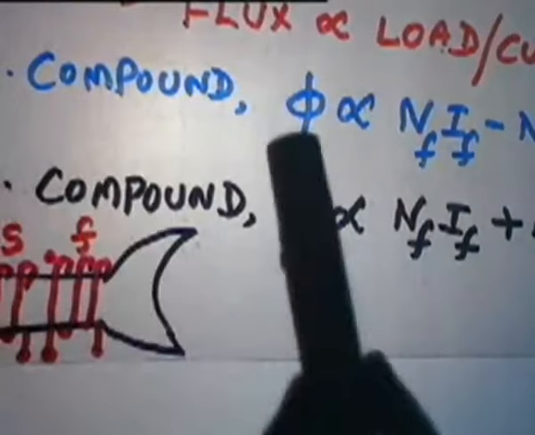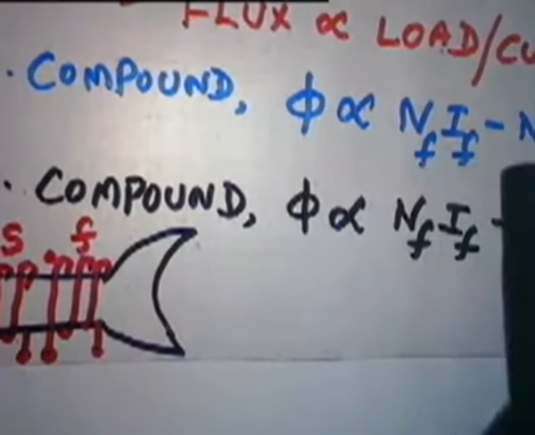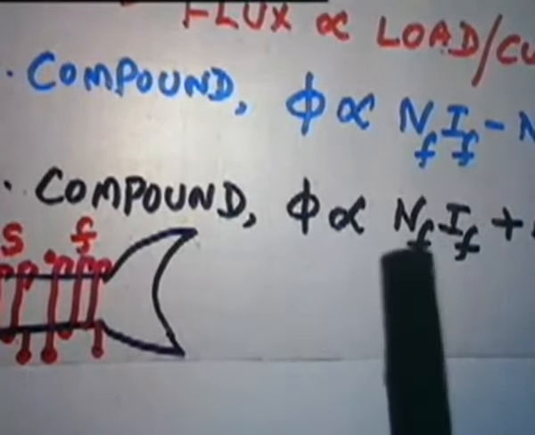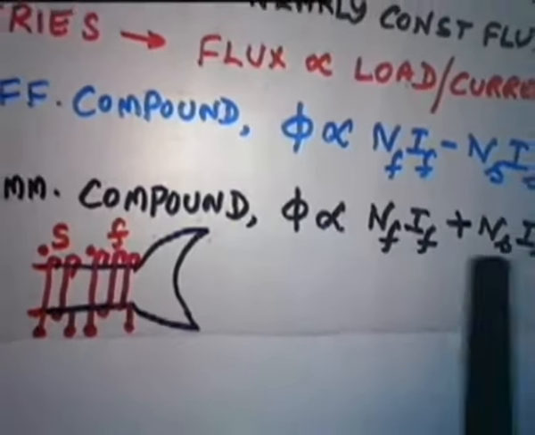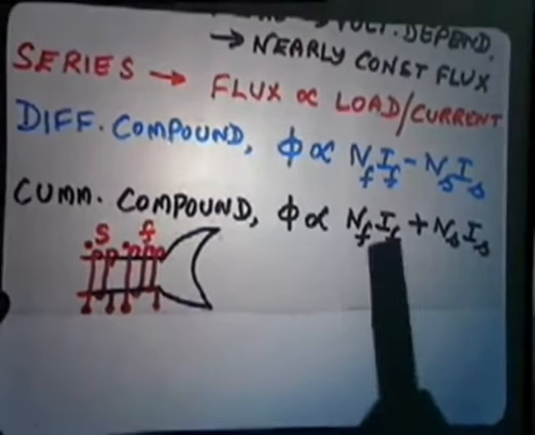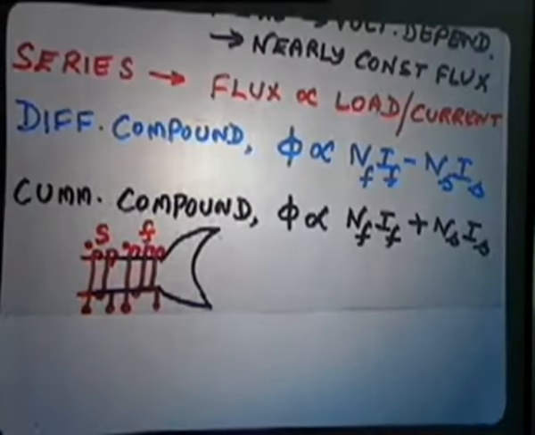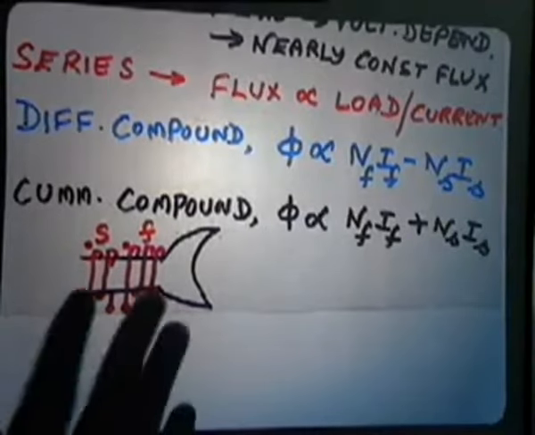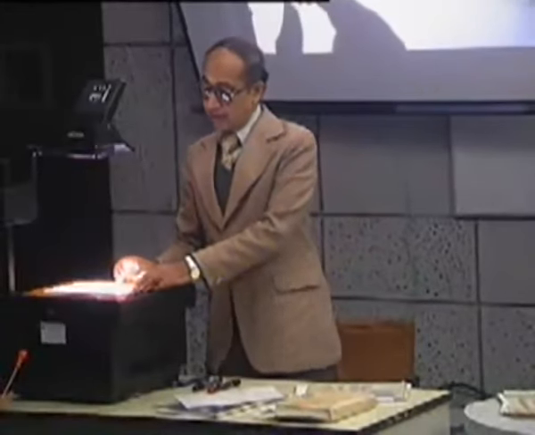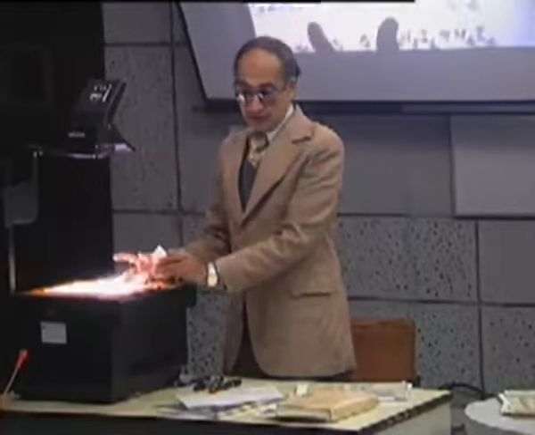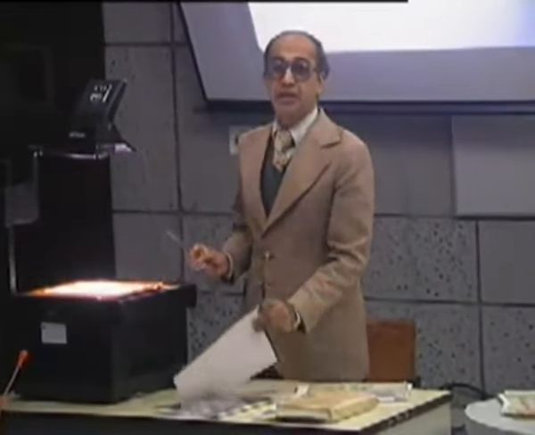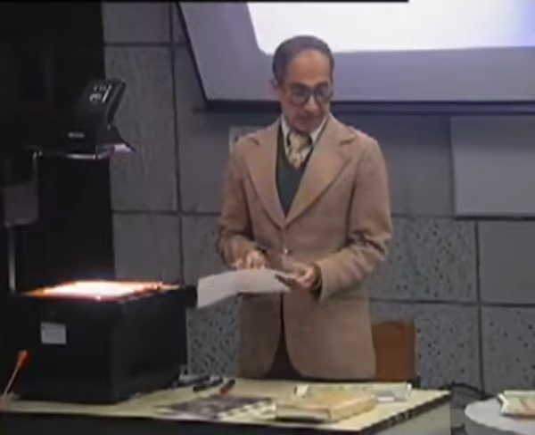Differential compound net MMF will be NFIF minus NSIS, cumulative it will be NFIF plus NSIS. This is the main difference we should be aware of. So having revised the types of excitation in DC machines, the characteristics of a DC machine would definitely depend upon the types of excitation.